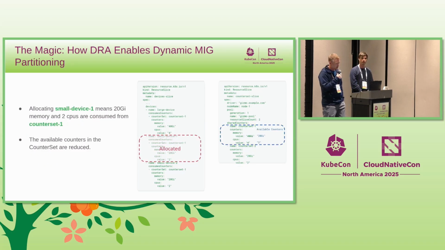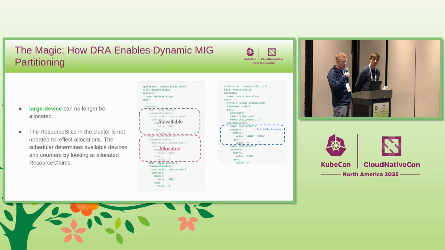And if now the small device 1 gets allocated, this means that the counters consumed by this device is no longer available in that counter set. So we can see on the right here that the available counters now is actually 20 gigabytes of memory and 2 CPUs.